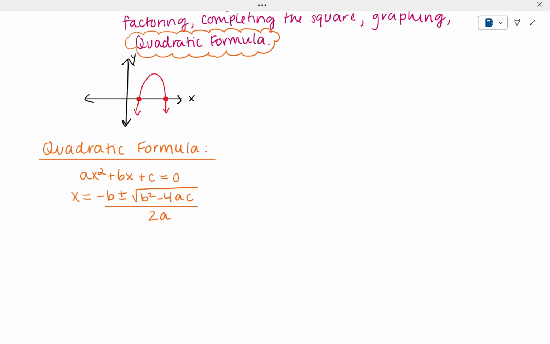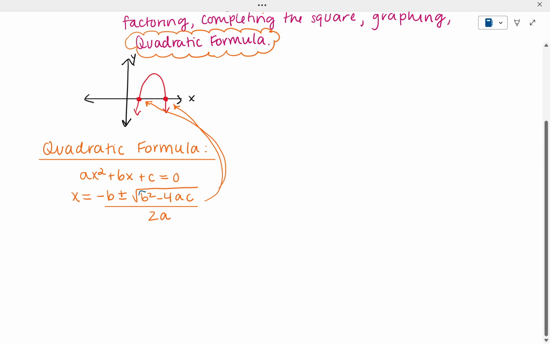And again, this will give us the solutions that equal these 2 points on the graph. And what's interesting about this formula is the discriminant, which can tell us how many solutions there are going to be, how many real solutions there are going to be for x.